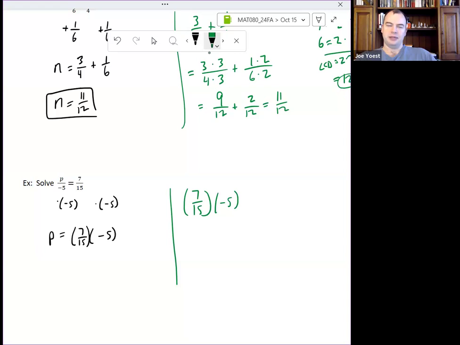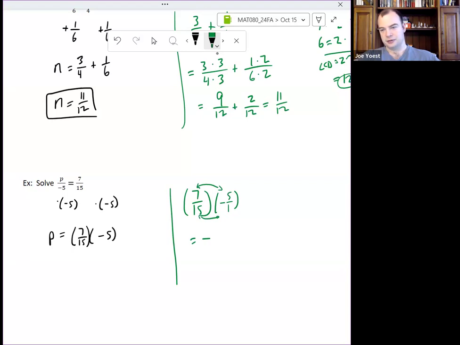I know that I have the product of two numbers that are opposite signs, so my answer is going to be negative. Note that I can also think of this -5 as -5/1, just to more clearly see that that is a fraction. When I multiply two fractions together, I multiply the numerators and multiply the denominators.